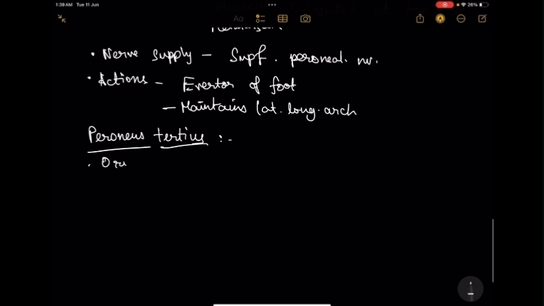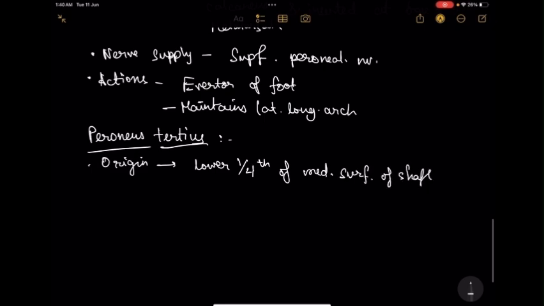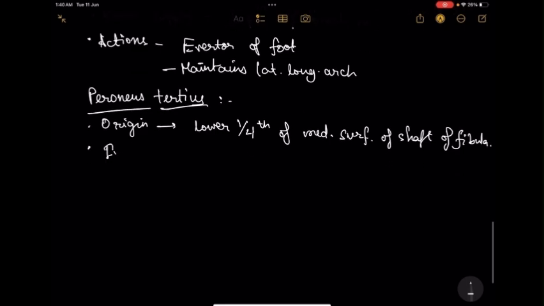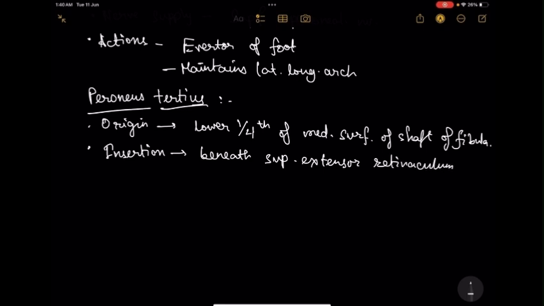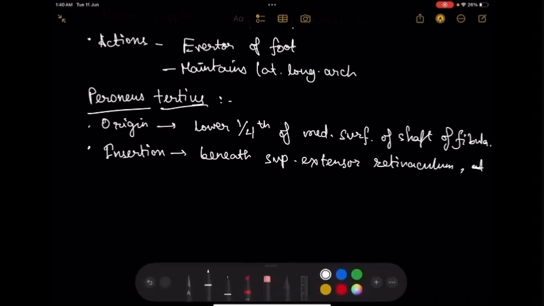Same origin, lower 1/4 of medial surface of shaft of fibula. There is no diagram, nothing I can make interesting. Insertion: beneath the superior extensor retinaculum. Finally it goes into joints.